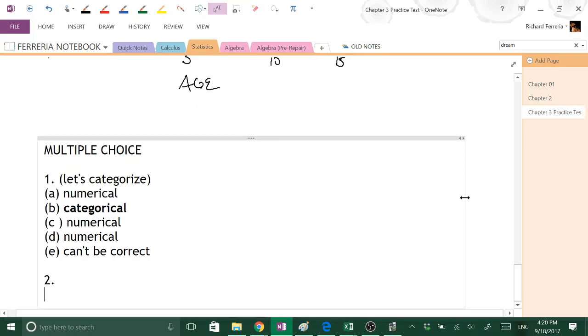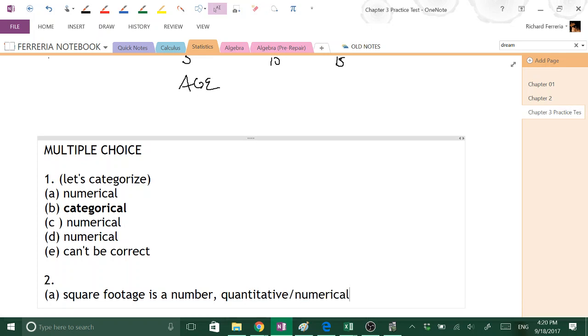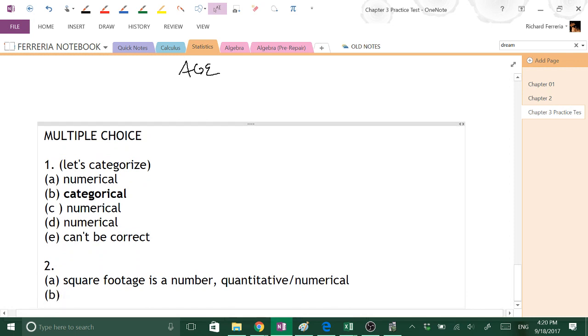Question 2, which one of these is quantitative? Square footage. Is it a number? Yes, so it's quantitative. Numerical.